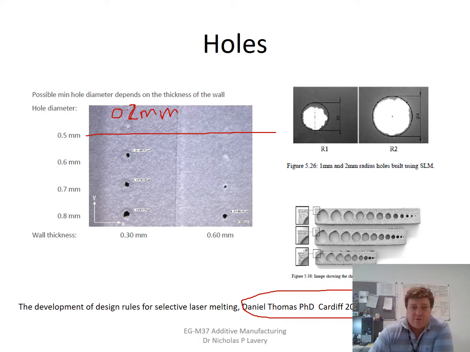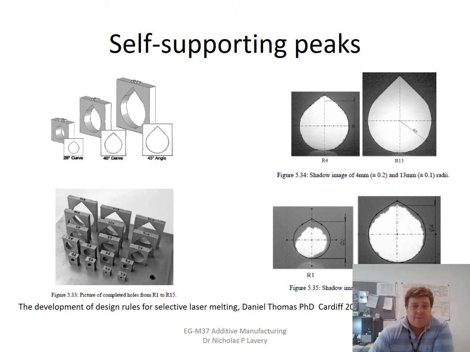You can see, for example, here that as you reduce your hole size, you start to get this interference and lack of precision that on this machine was visible by eye, but this was much more acceptable as you went up to 2 millimeters. Talking about these self-supporting peaks, you can see here some of the holes achievable with the peak.